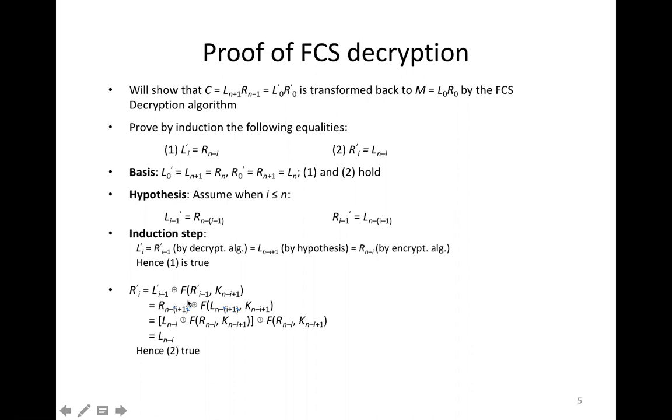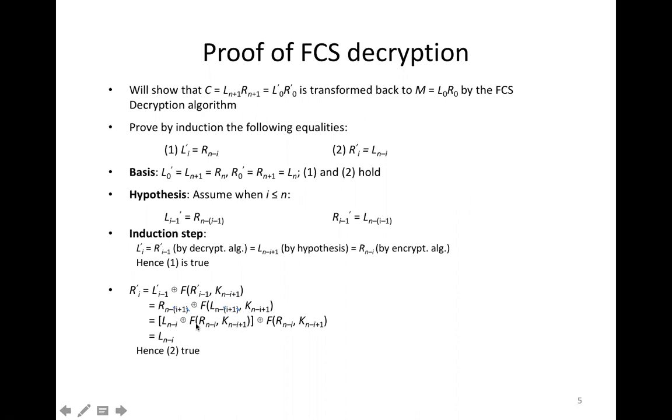So from here, this R sub n minus i plus 1 is equal to the left part of the previous round, exclusive OR F of the second half of the input to the previous round, and this K sub n minus i plus 1. So that's what we get.